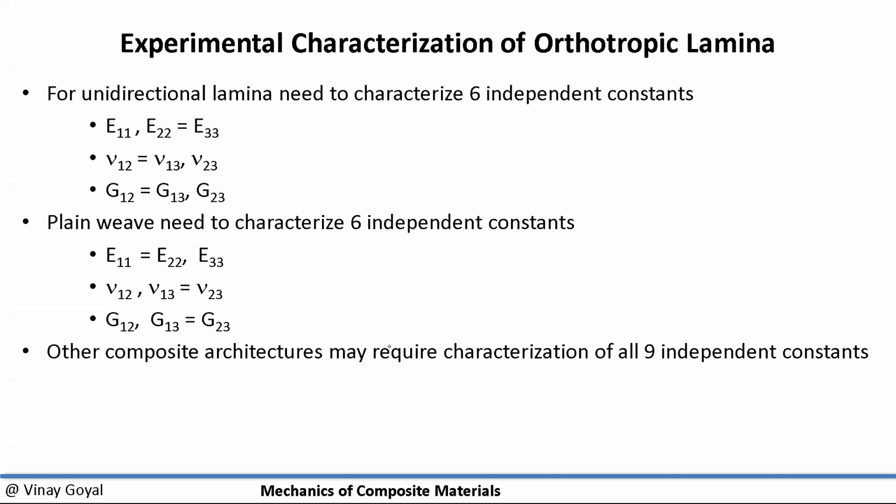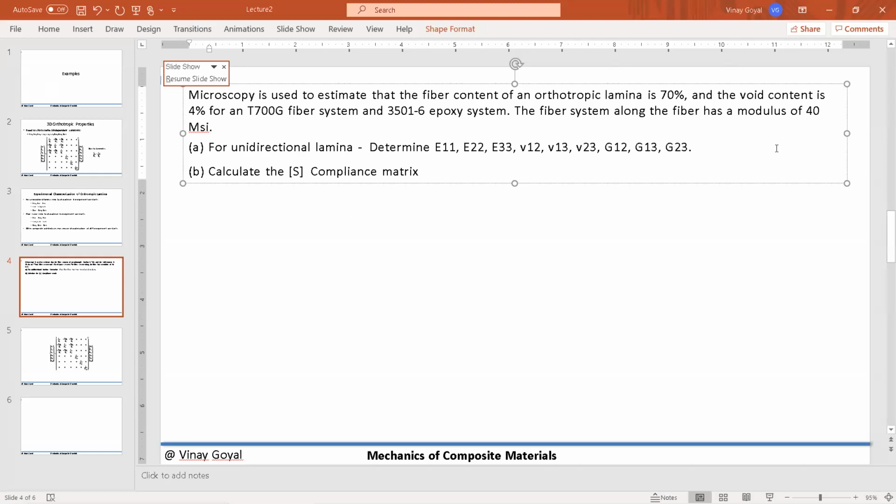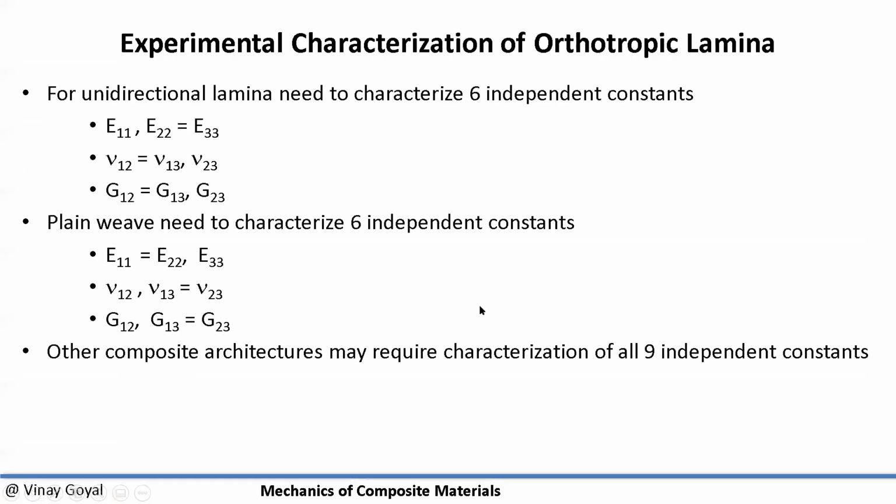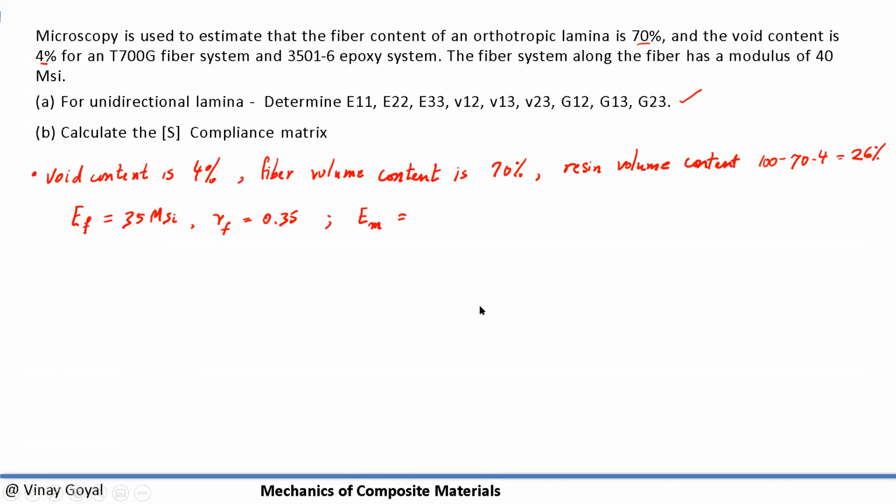So we'll just transfer that information over. Okay, so we'll just put that in there. And now we are ready to estimate the different values for E11 and so forth.